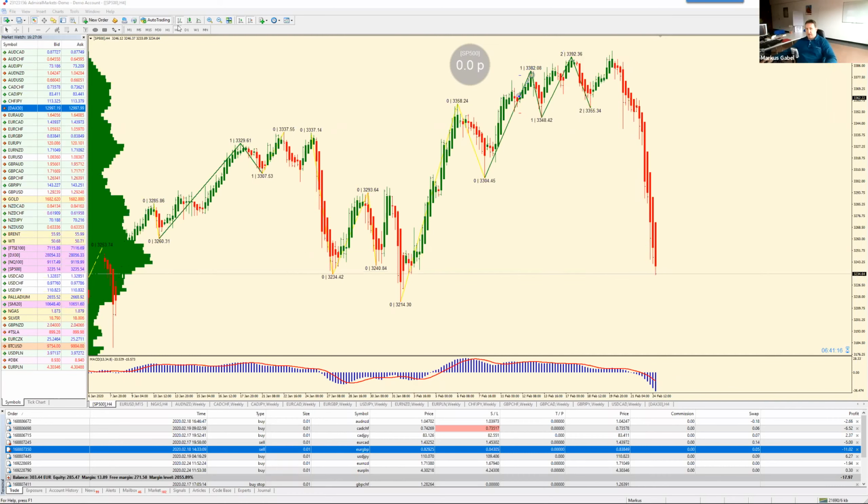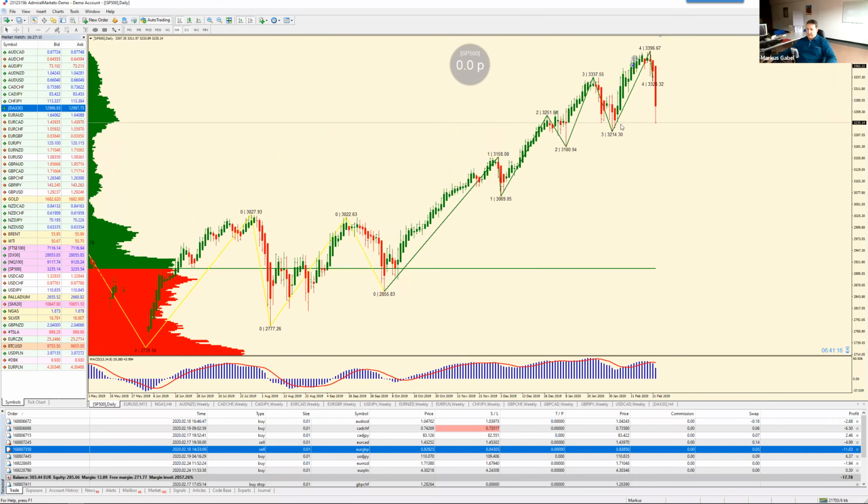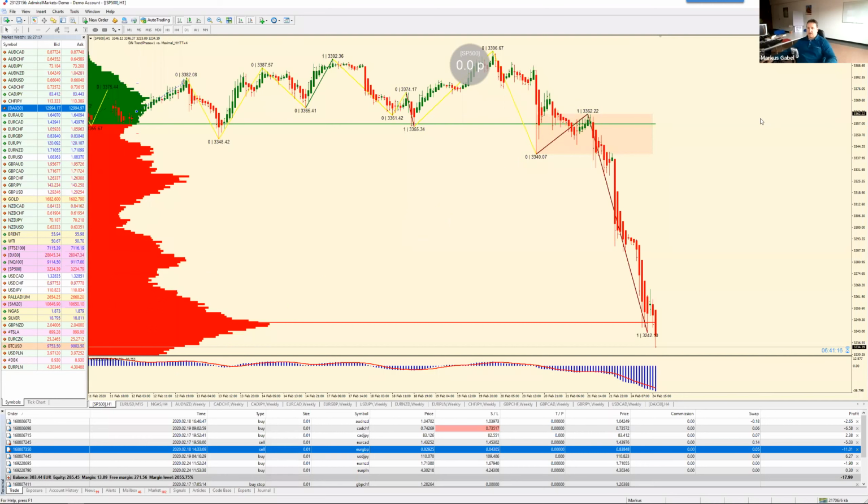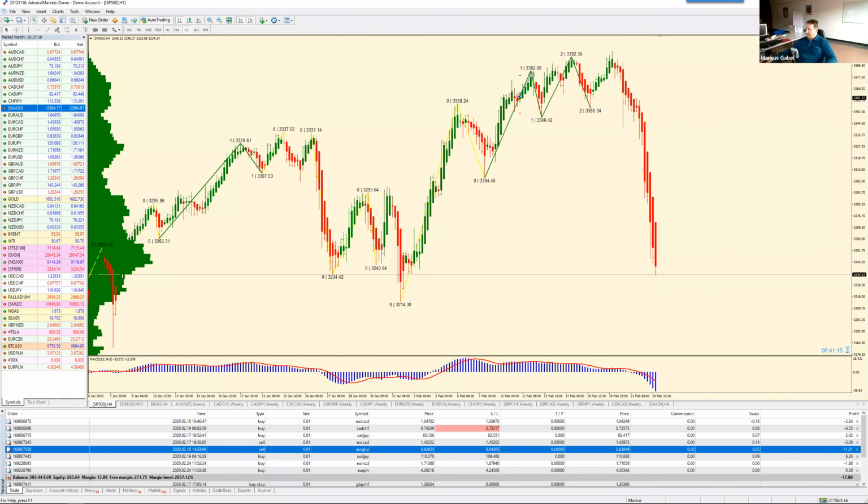But if you look at the daily chart, it's only a correction, no more, no less. But this is a working style. How does support and resistance work in the live chart?